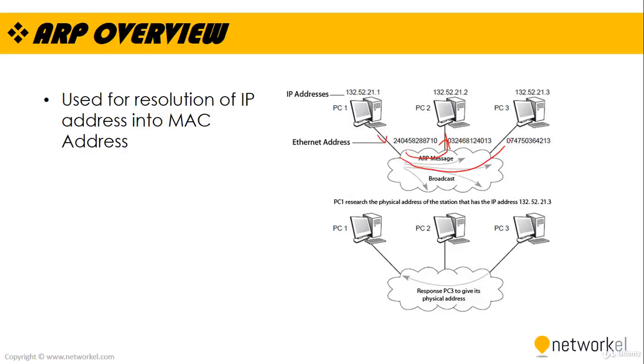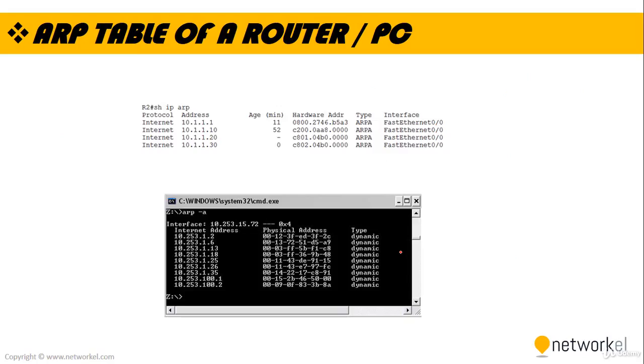It comes to here and comes to here. Let's say that PC1 is looking for the physical address of the station that has the IP address 21.3, which is PC3. PC3 takes this request and replies back with its MAC address, and this packet is sent to PC1 as unicast.